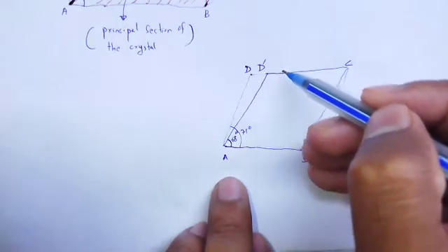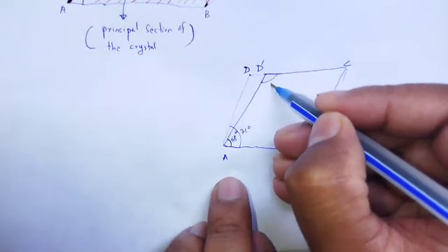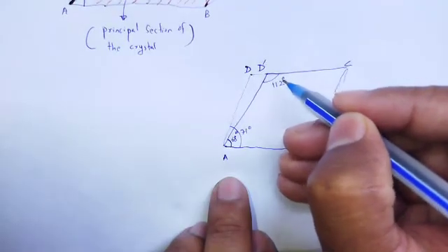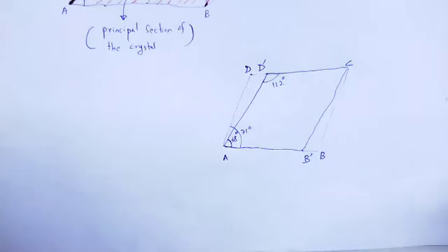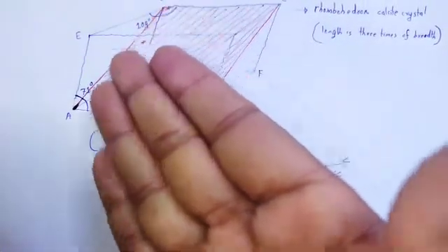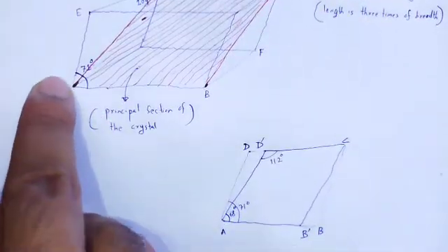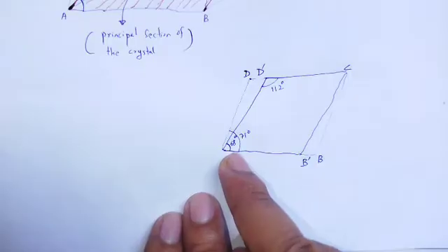Then ultimately this angle changed to 112 degree. Okay, the principal section is cut this way. That's why the 71 degree angle is reduced to 68 degree.